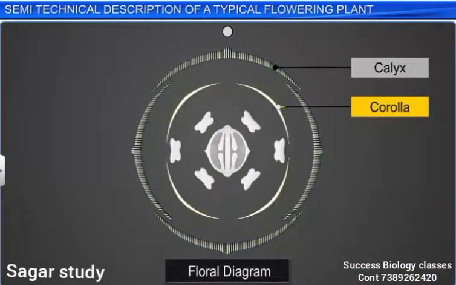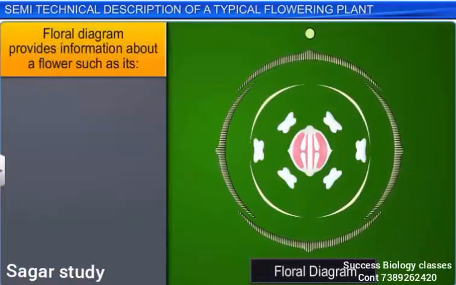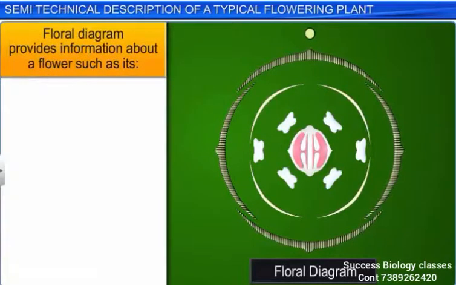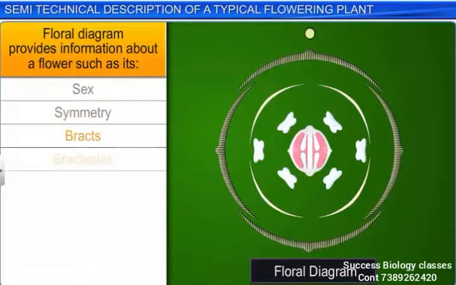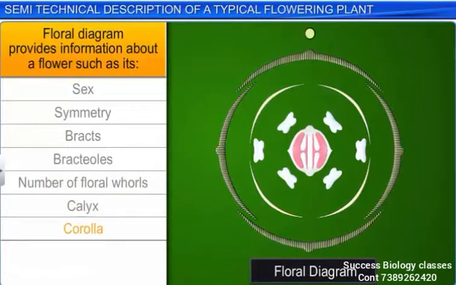androecium, and gynoecium. The floral diagram presents information about a flower such as its sex, symmetry, bracts, bracteoles, the number of floral whorls, the calyx, corolla, androecium, and gynoecium.